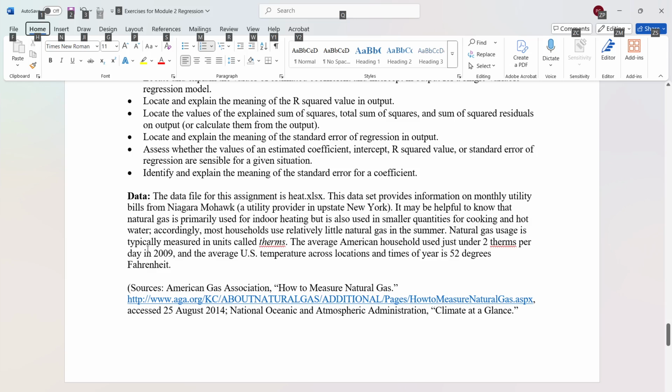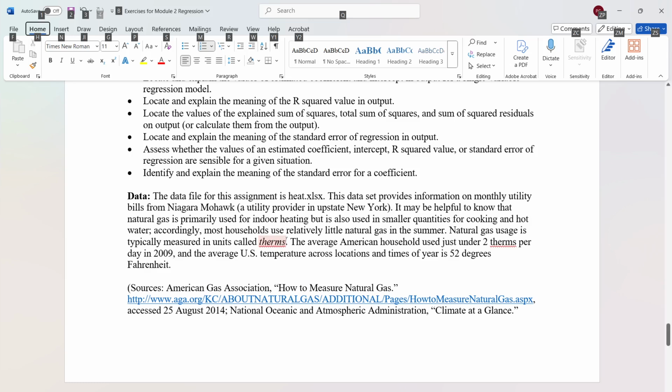Natural gas usage is typically measured in units called therms. And something that I do in this class a lot is go on and on about the units and why the units are important. This is another fun example because we've got temperatures in Fahrenheit. The international can be a little bit bizarre when you see a temperature like 70 degrees. Okay, well, nothing is on fire. It's just Fahrenheit units.